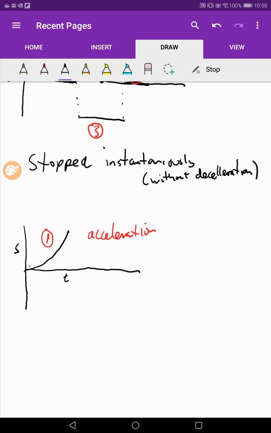Now, what does it look like on a velocity time graph? Well, that just looks like a straight line. Because your velocity is increasing at equal rate in equal time. That is called an acceleration. So again, that is the same thing.